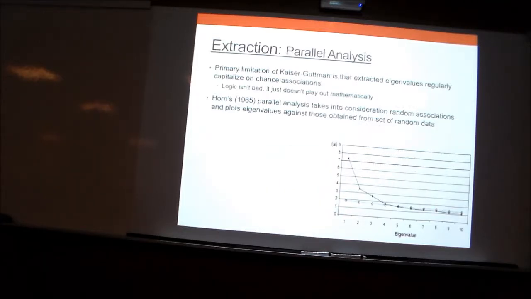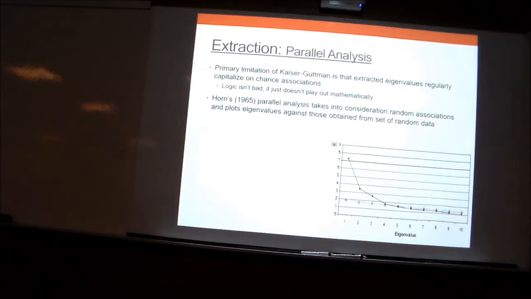Another technique, and this is one I like to use because it helps to make things a little bit more objective, is something labeled by Horn as a parallel analysis. With Kaiser-Guttman, the idea is that we shouldn't be extracting factors that are accounting for less variability in our data than what we would account for by one single item.